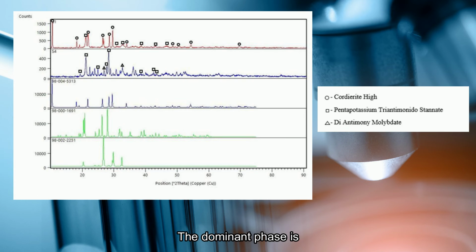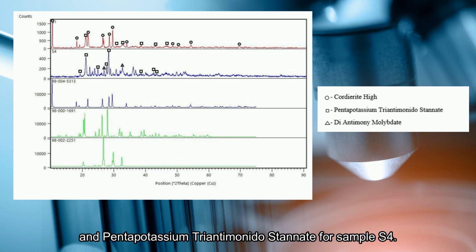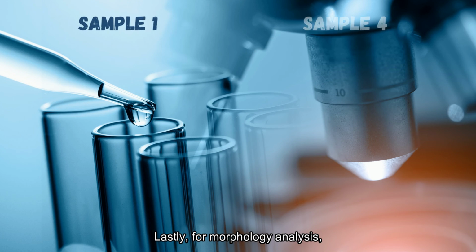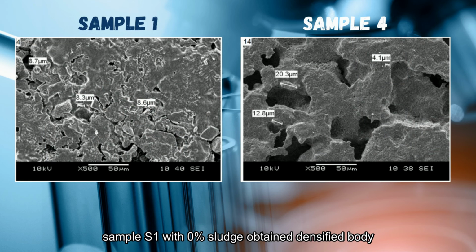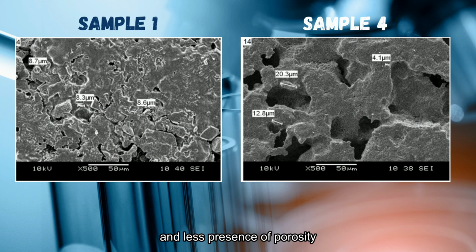The dominant phase is alpha cordierite for sample 1 and pentapotassium triantimonidostannate for sample 4. Lastly, for morphology analysis, sample 1 with 0% sludge obtained a densified body and less presence of porosity compared to sample 4.